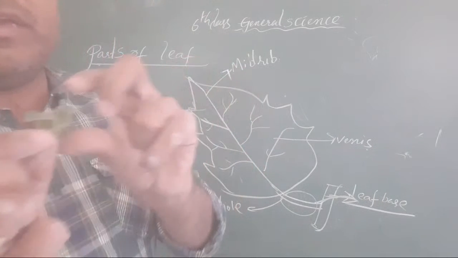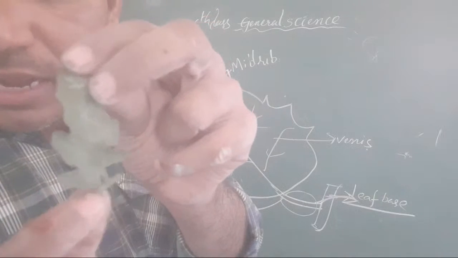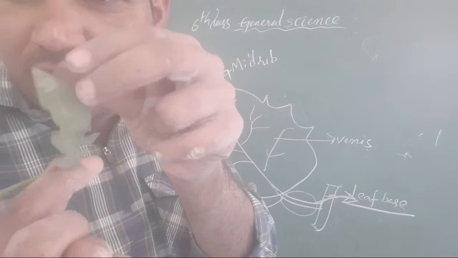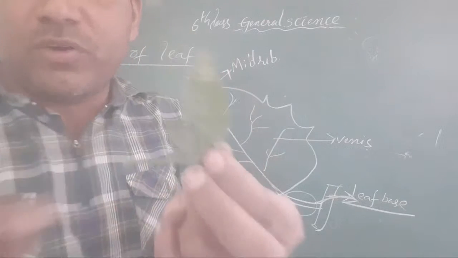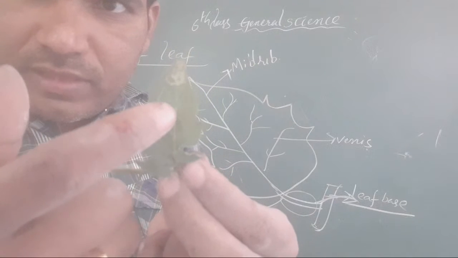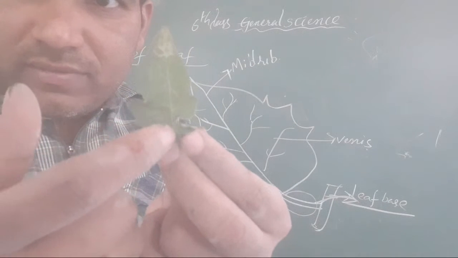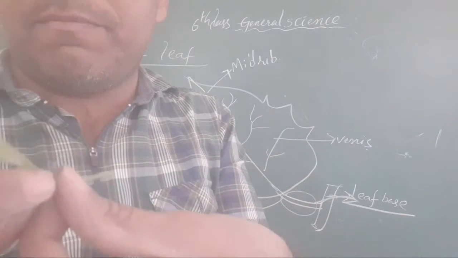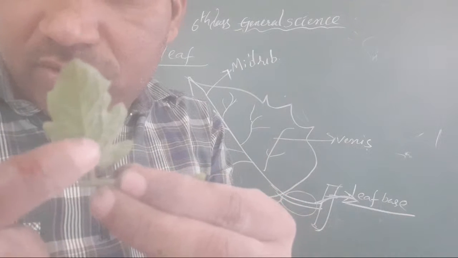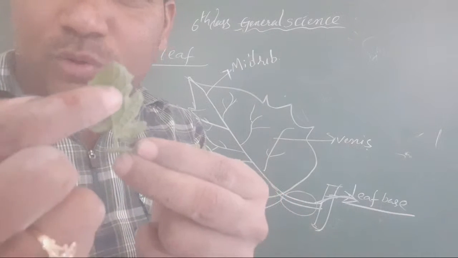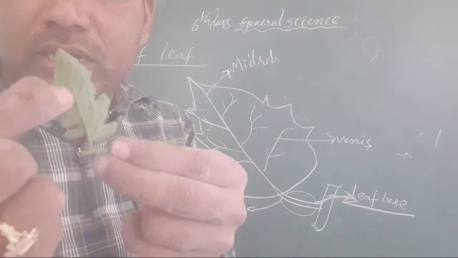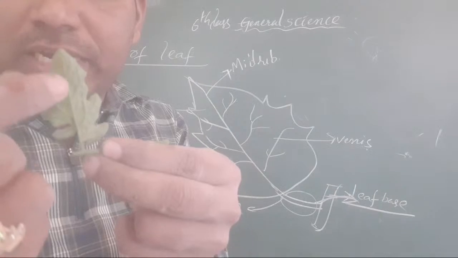Check it here, in the middle a line will be there. In that particular leaf, a line is there. Like the nerves in our body, from here to here one line will be available, the middle line.